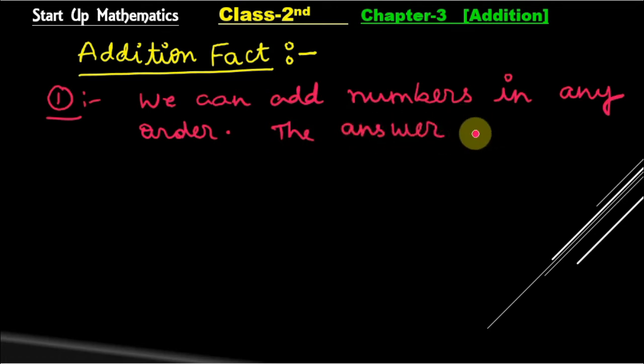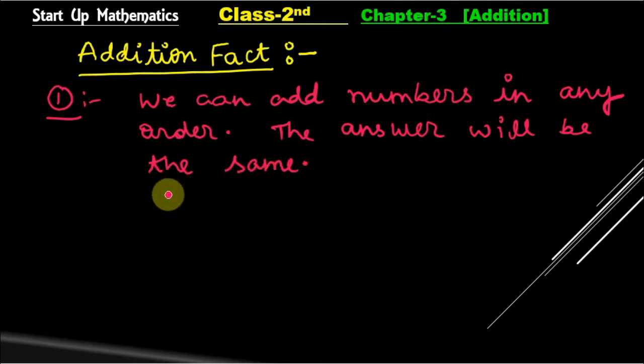It means if we change the order of the numbers and add, then we get the same answer.